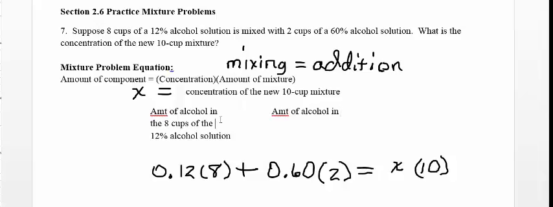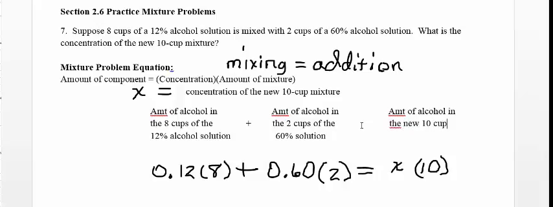The amount of alcohol in the 2 cups of the 60% alcohol solution is 0.60 times 2. And the amount of alcohol in the new 10-cup mixture is whatever the percentage is, that's what I don't know, times the 10 cups.